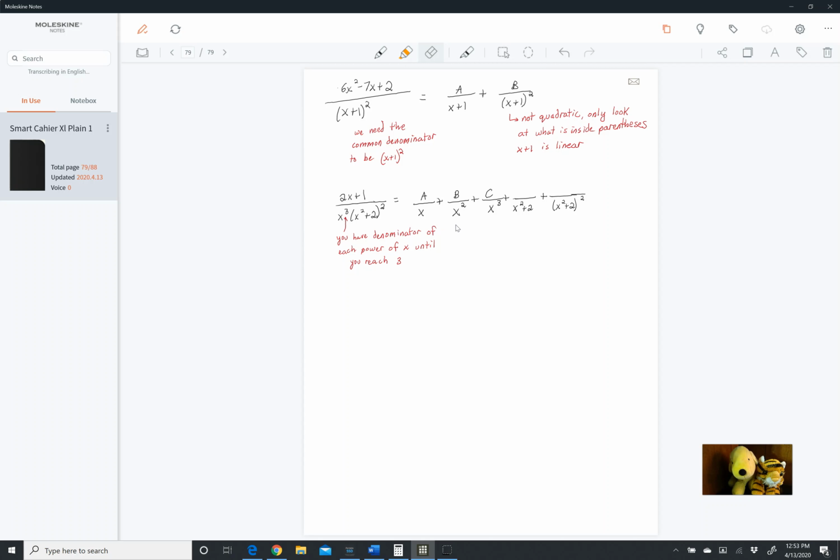So this you're adding to, so this is going to be a dx plus e, and this is going to be an fx plus g. So here, this is still linear. You're not adding or subtracting anything from x squared.